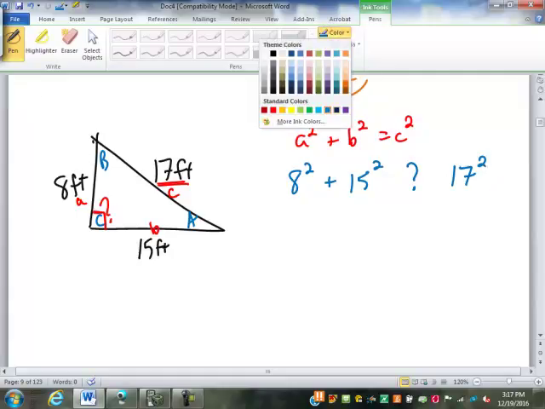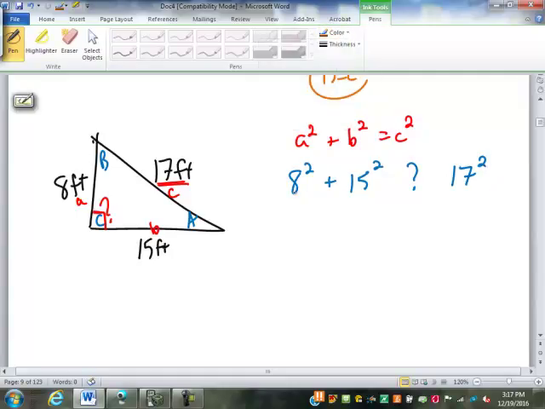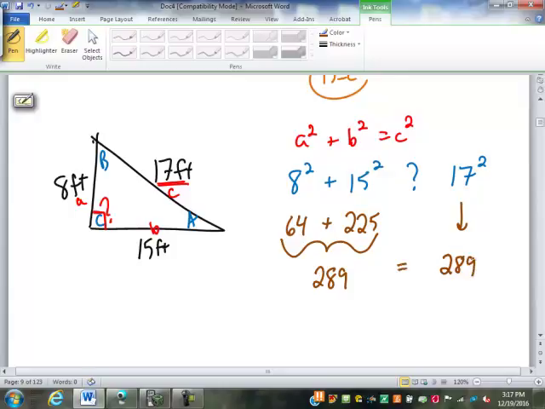I don't know if that's a right angle. 8 squared is 64. 15 squared is 225, which adds up to 289. Over here, what's 17 squared? It's 289. Those are equal, so this is a right angle, so this is a right triangle.